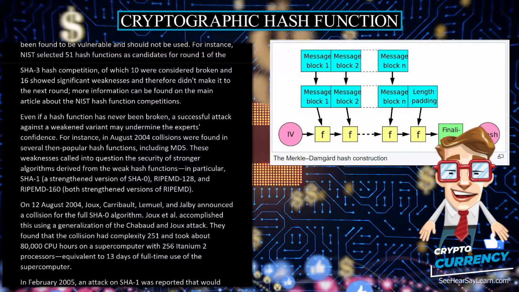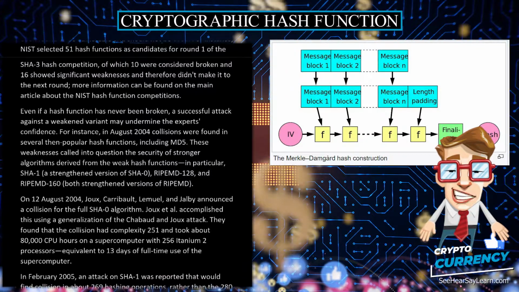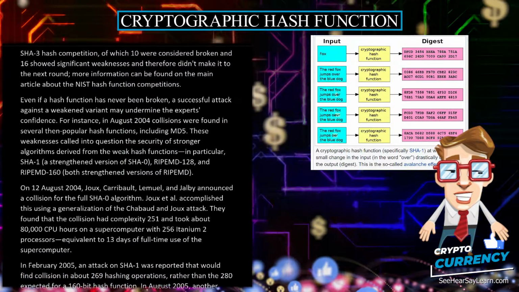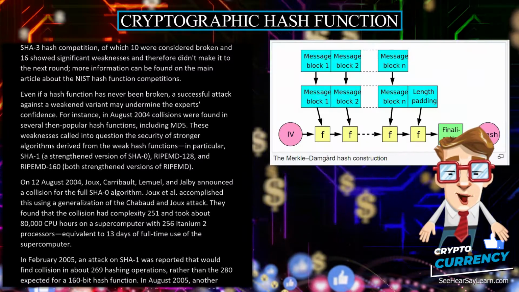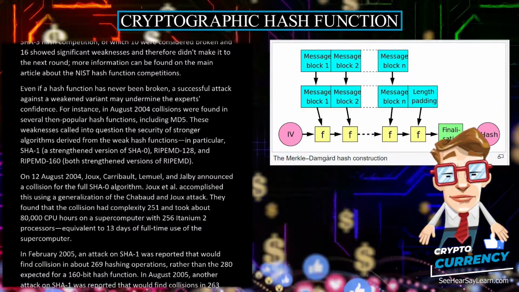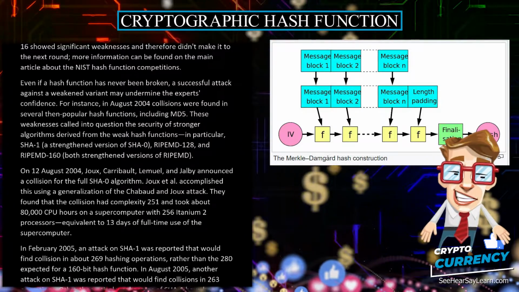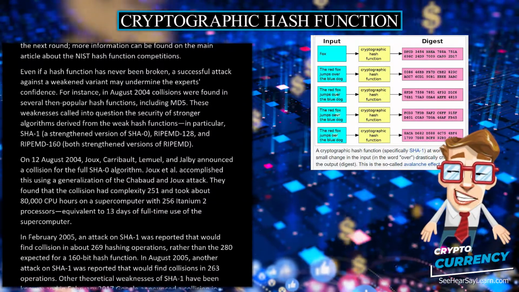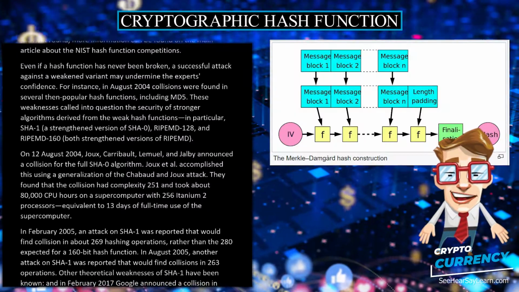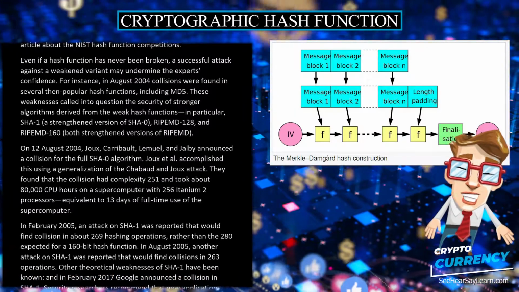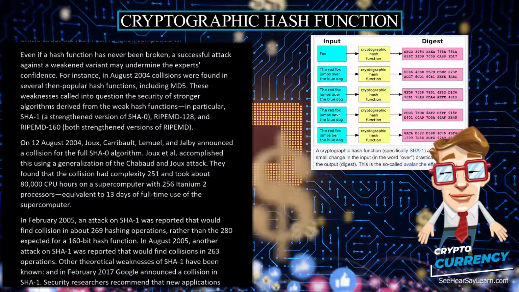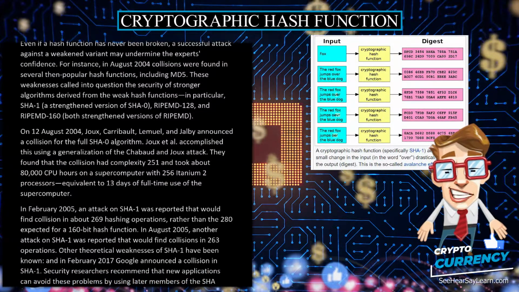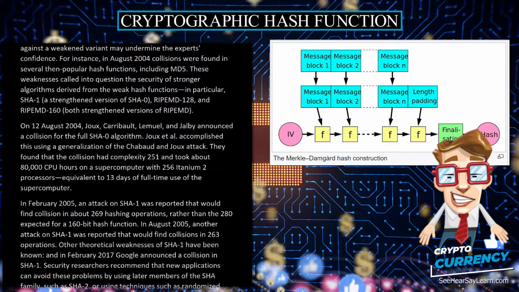Other theoretical weaknesses of SHA-1 have been known, and in February 2017 Google announced a collision in SHA-1. Security researchers recommend that new applications can avoid these problems by using later members of the SHA family, such as SHA-2, or using techniques such as randomized hashing that do not require collision resistance. A successful, practical attack broke MD5 used within certificates for Transport Layer Security in 2008.